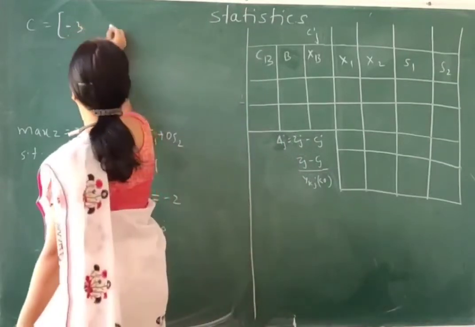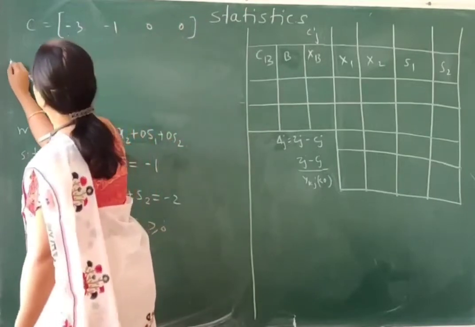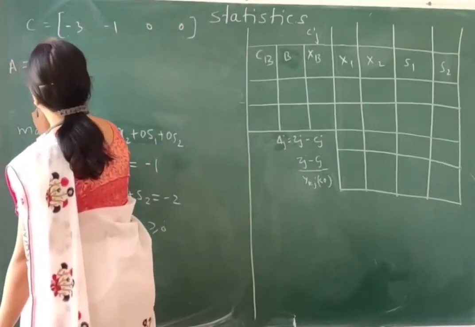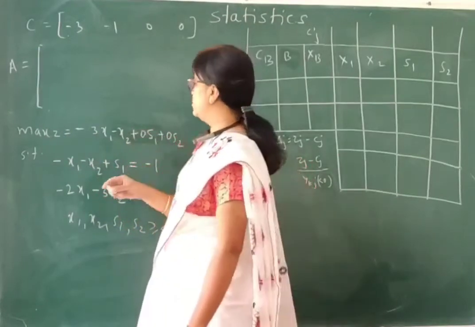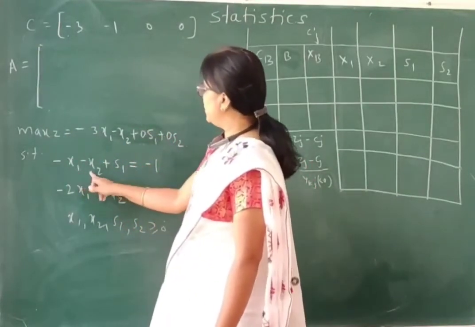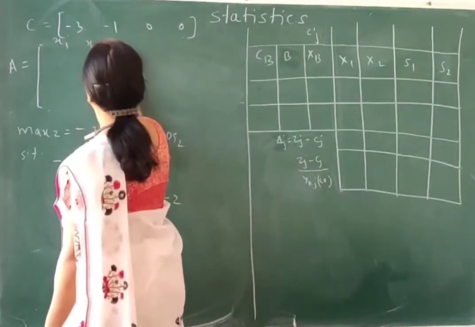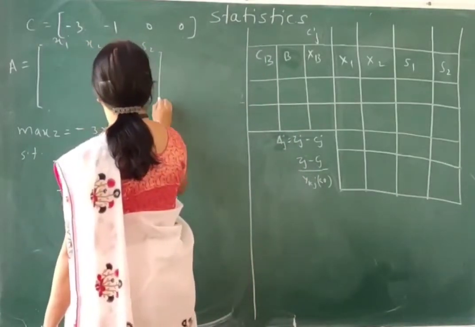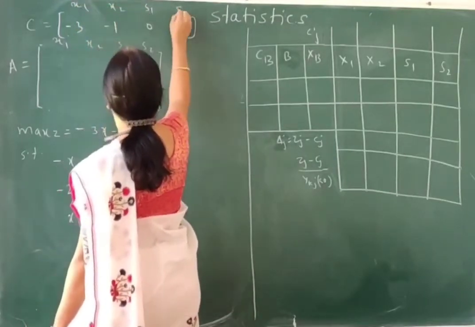Then I have the matrix A, that is the coefficients of the variables in the constraints. Since I have four variables x1, x2, s1, s2, these are the coefficients related to them only.